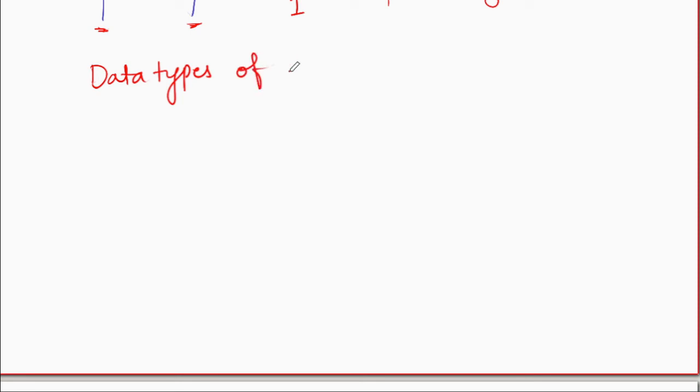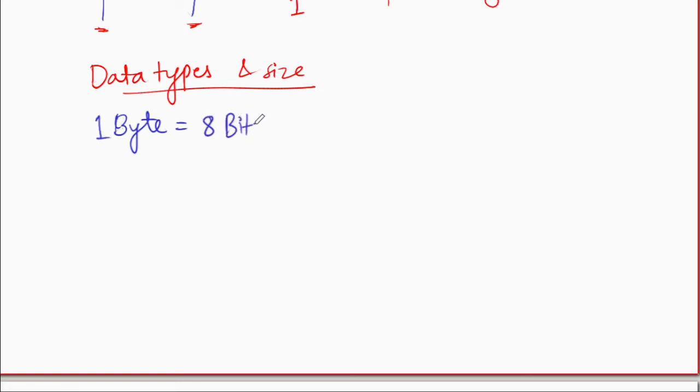Now let us look at the data types and their sizes, because that will help us understand the shift operation better. A byte is generally 8 bits.